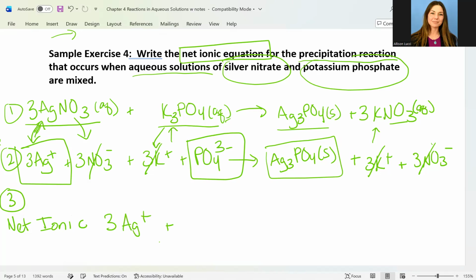And then we see 1 PO4 3-, that combines, and then I get that 1 mole of Ag3PO4 solid over here. This is my net ionic equation, and my spectator ions will be the K+ and the NO3-.